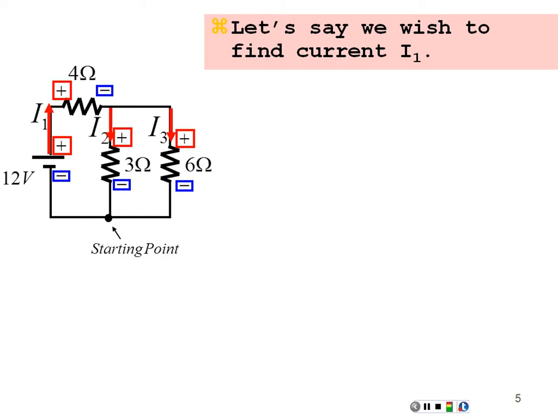I really don't need the right loop because that's concerning current I2 and I3. I want to solve for the other currents in terms of I1. So I'm going to focus on the left loop, which has I1 in it, and the outer loop that has I1 in it as well, and then use the current division equation as well. So that'll give me 3 equations that I need.